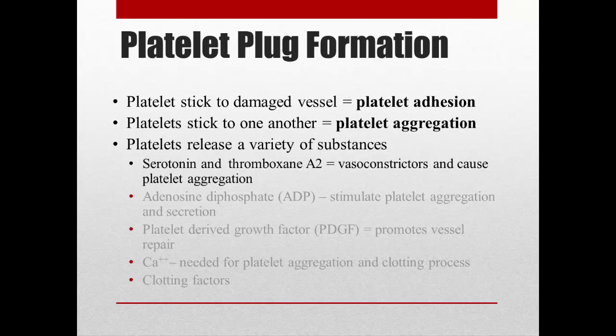Both of these are vasoconstrictors, so they can get the smooth muscle to constrict and reduce blood flow to the area, and they also help in causing platelets to aggregate together. ADP is another one for platelet aggregation and also to stimulate secretion of other substances from the platelets. Platelet-derived growth factor is another substance released by platelets. This is the idea to get the vessel to repair itself.